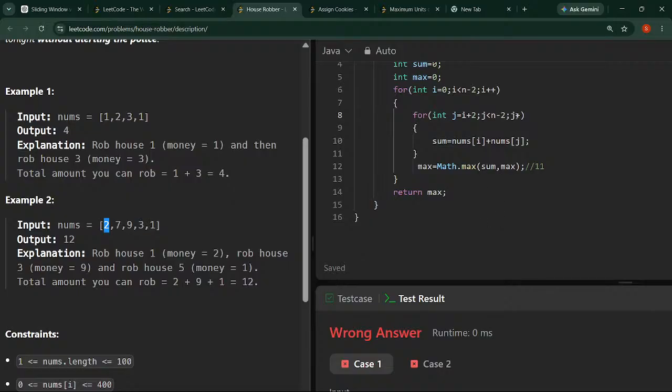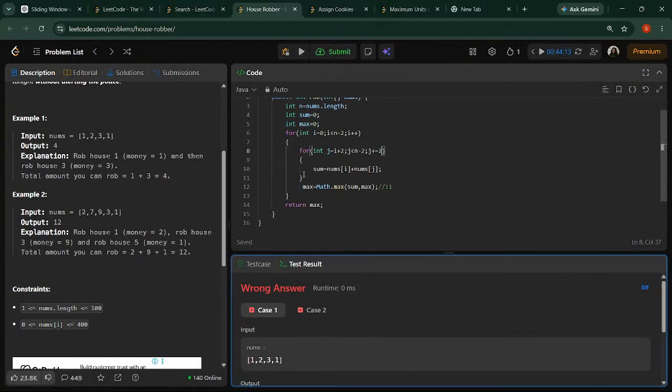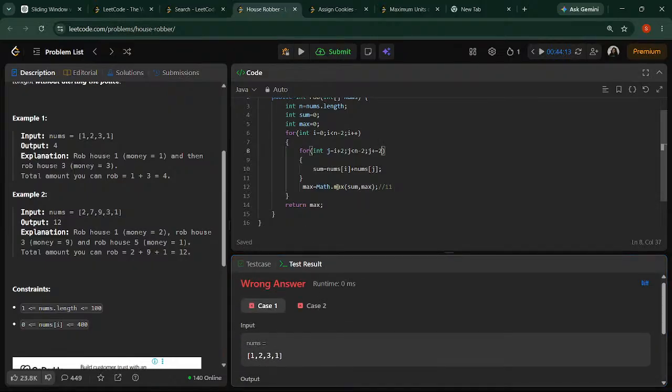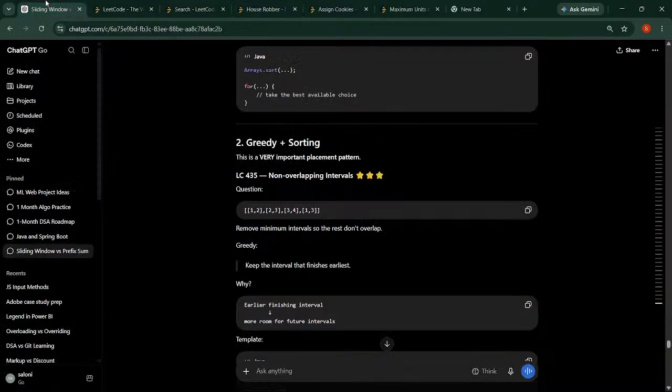Okay, I think I should use plus equal to 2 and store my max in it. Okay, it's kind of not working. Let me just pass this to see.